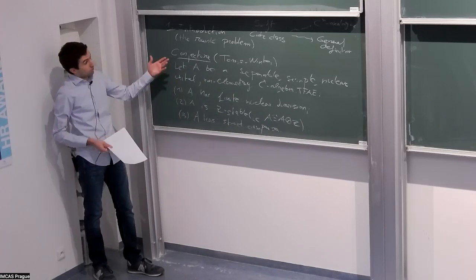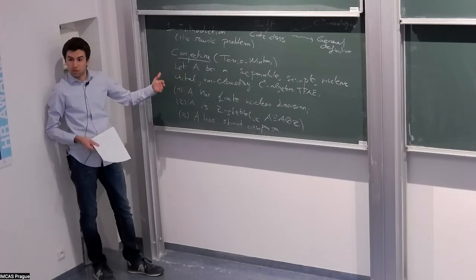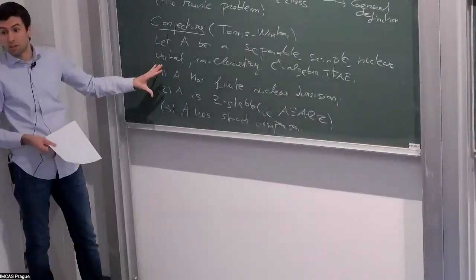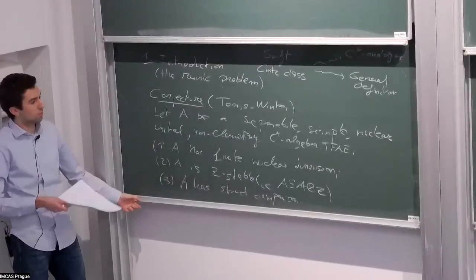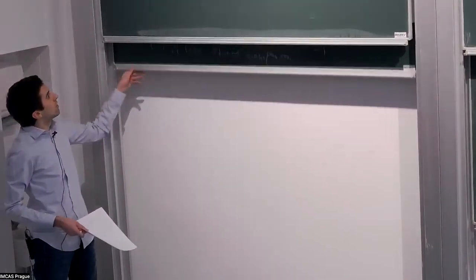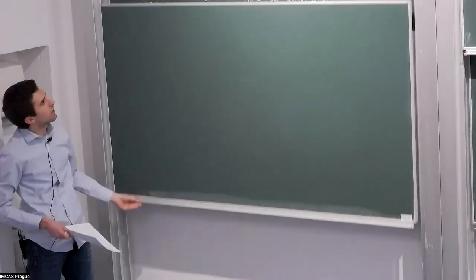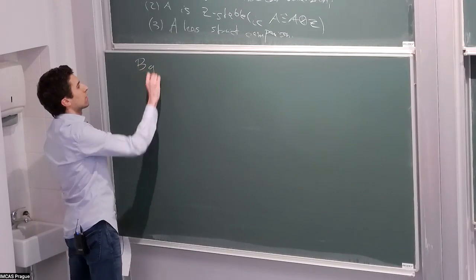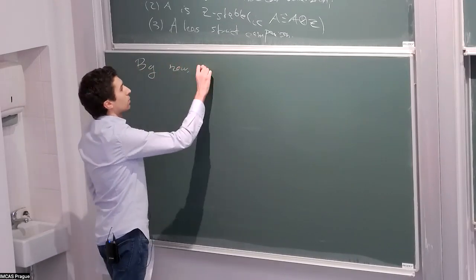And so, well, if you've heard of the Toms-Winter conjecture, then you probably also know that this conjecture is by now largely a theorem, meaning that we know all the implications except one. So by now, what we know is the following.